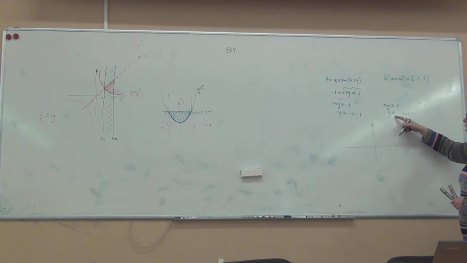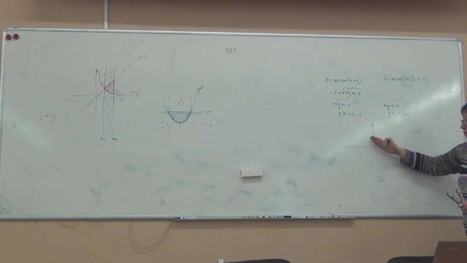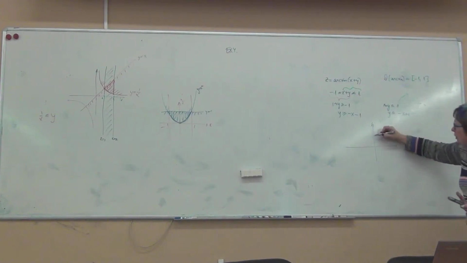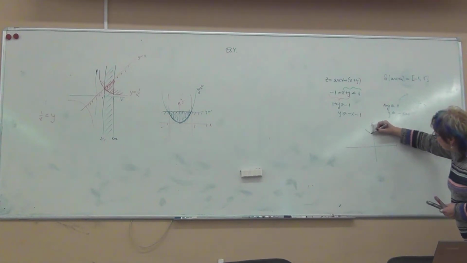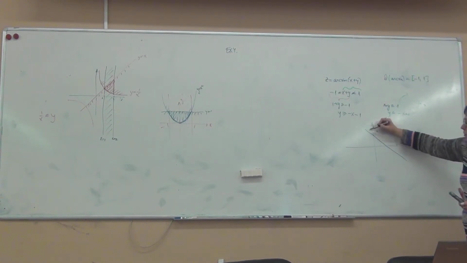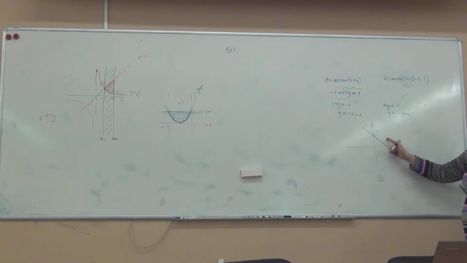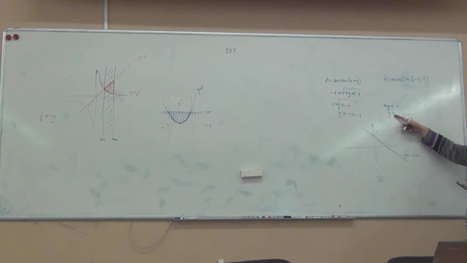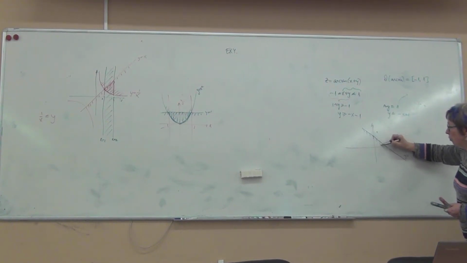So, -x, that would be the diagonal of the second and fourth quadrant, plus 1, so if I have 1 there, this line at 135 degrees, right, this is the line, y equals -x plus 1, and if y has to be less than this, we have to go downwards from there.